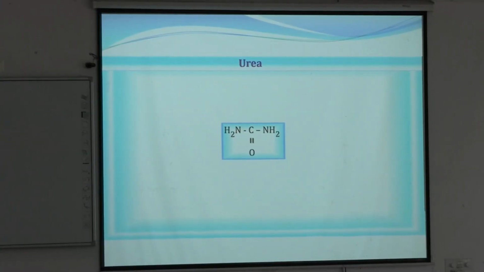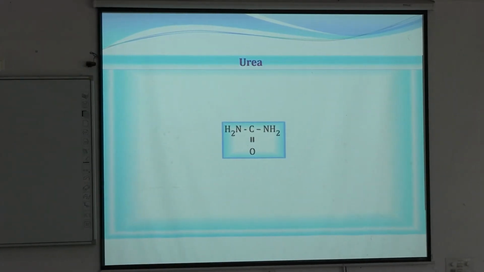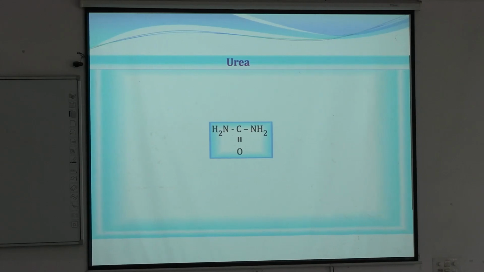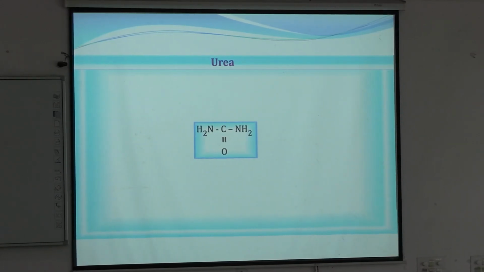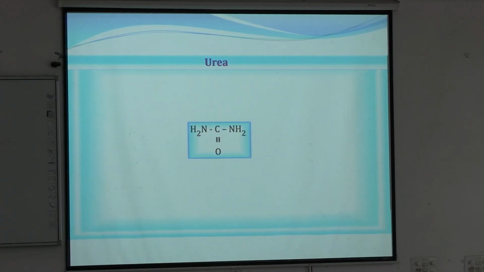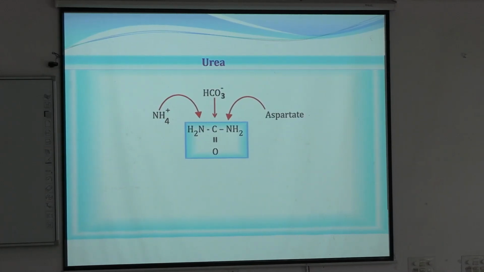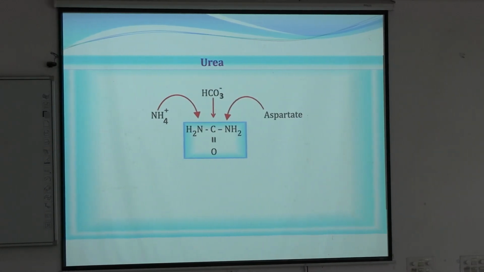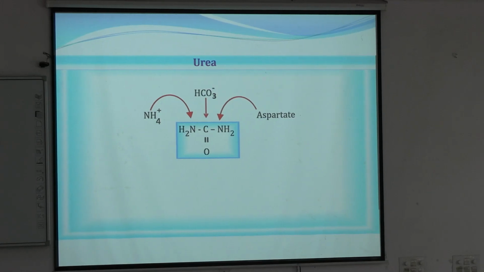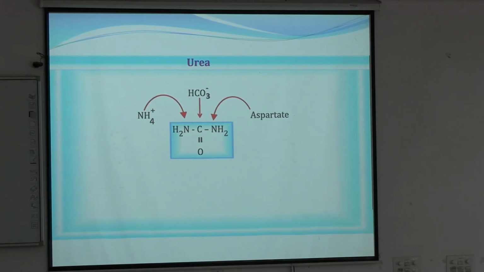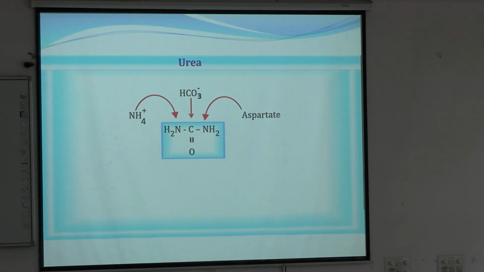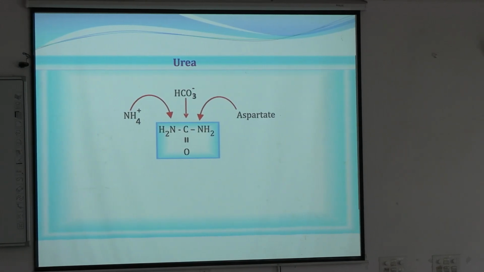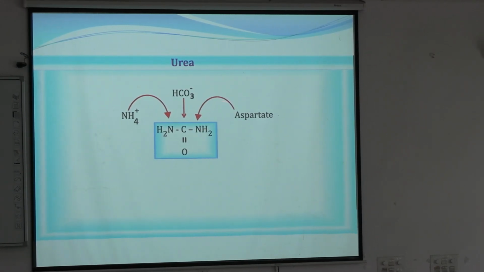The structure of urea. Okay, look, two nitrogens are there along with a central carbon. Now one nitrogen of urea comes from the ammonium group that was liberated in the liver, and the second nitrogen is from aspartate.